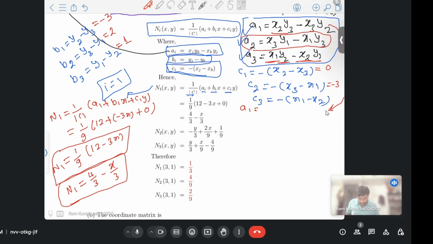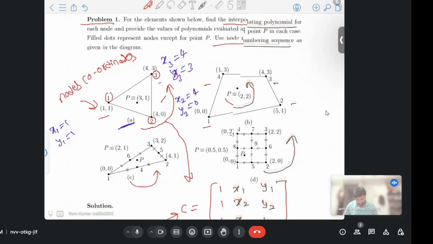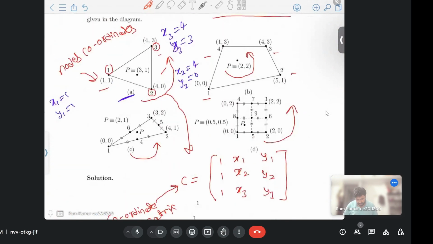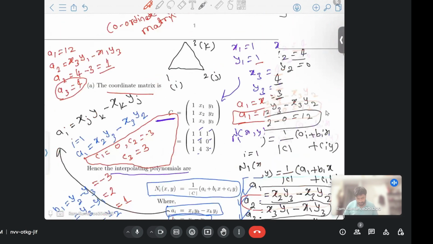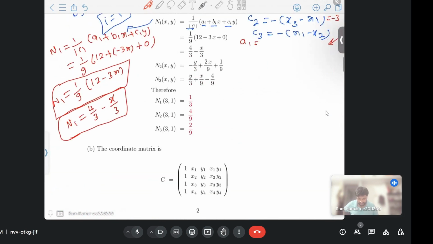Fine. So now, for example, I want to find n1 at a specific value, at p equal to 3 comma 1. N1 equal to 4 by 3 minus x by 3. This is a function of x.